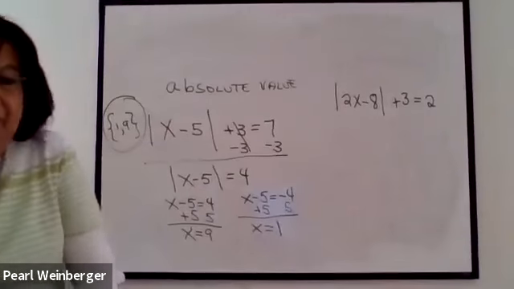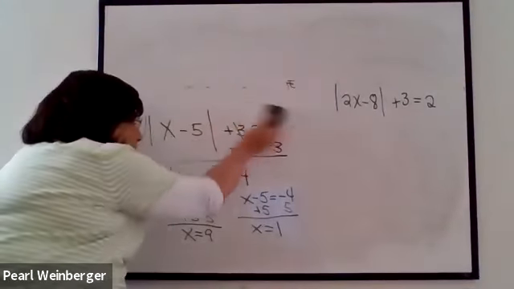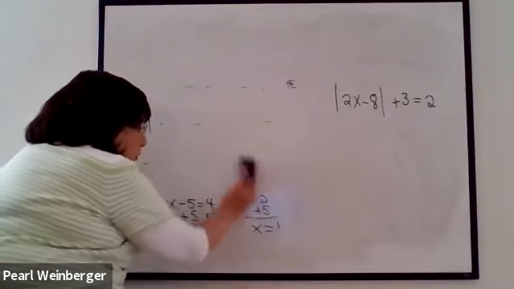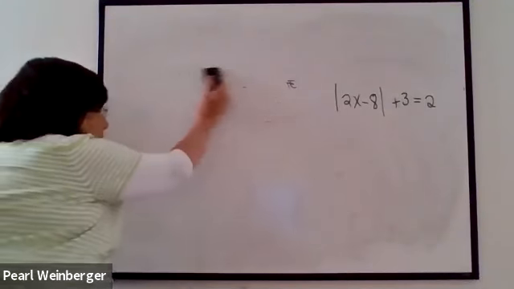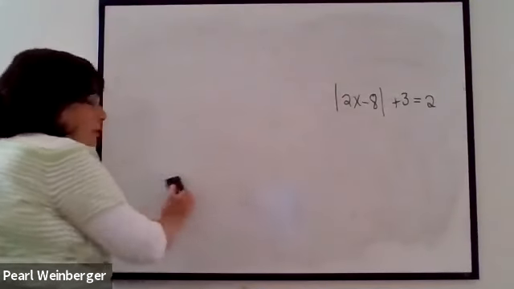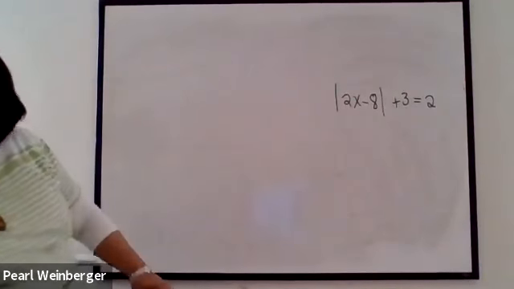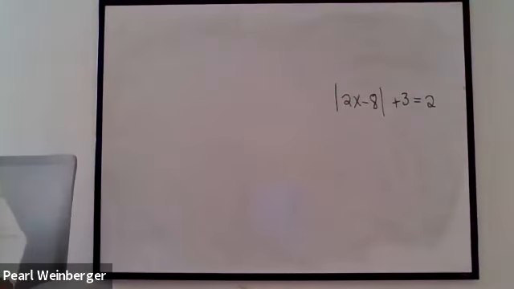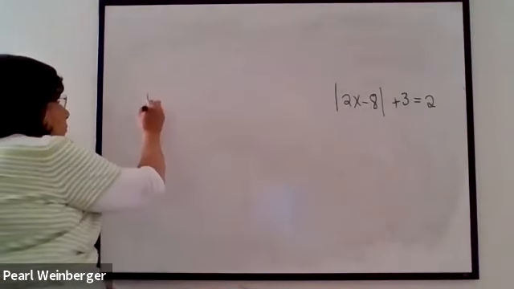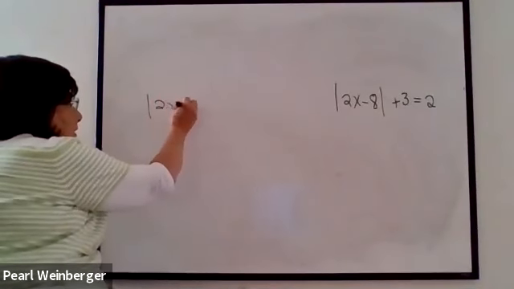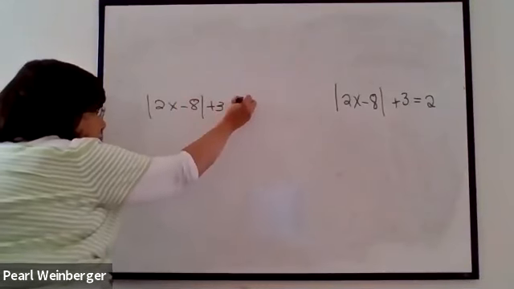Okay, let's work on this together. I'm going to erase this one and bring that over to this side. We have the absolute value of 2x minus 8 plus 3 equals 2.